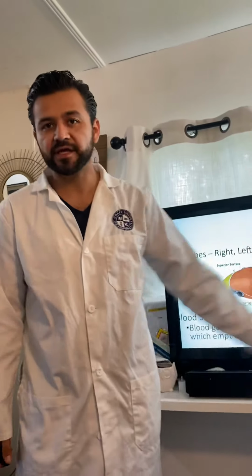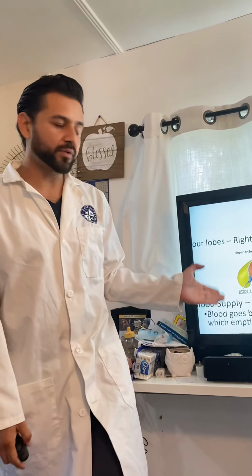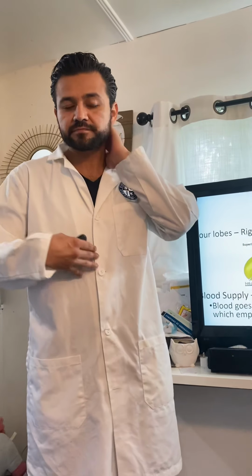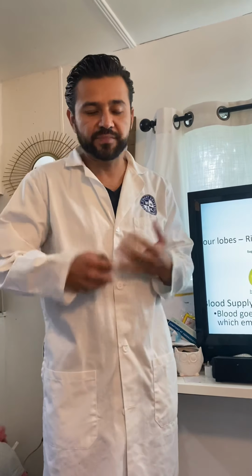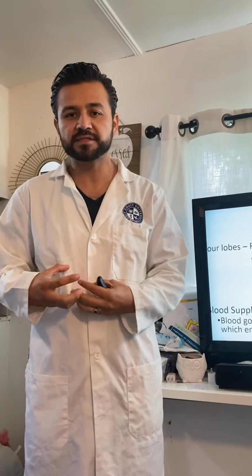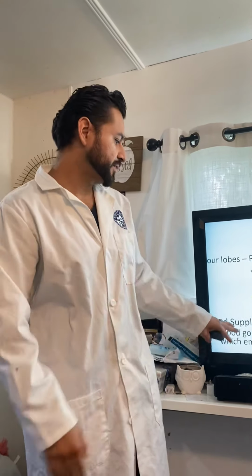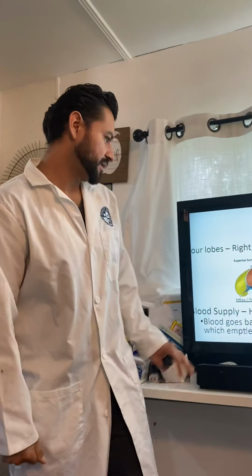So basically, all the blood goes to the liver first through the hepatic artery and hepatic portal vein, and after it goes through the liver and gets processed, it then circulates into the body by leaving the liver through the hepatic veins, which empty into the inferior vena cava.